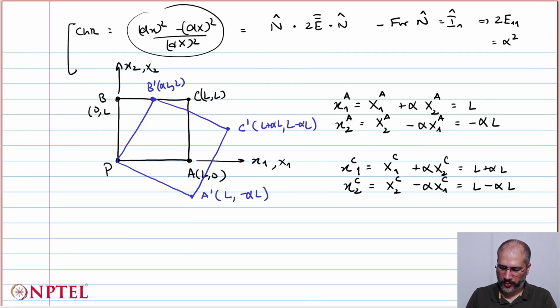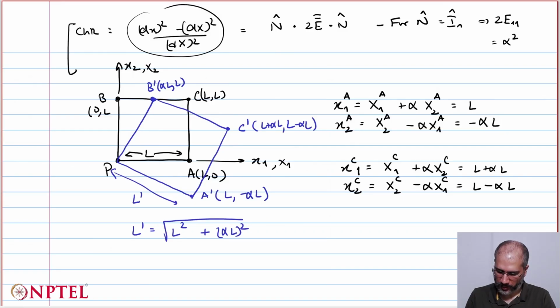So d capital X was an L here, and d small x is this length here, which, if you see the coordinates of P, which is 0 0, and coordinates of A prime, you can see that this L prime is given as square root of L squared plus alpha L squared, which comes out to be L times square root of 1 plus alpha squared.